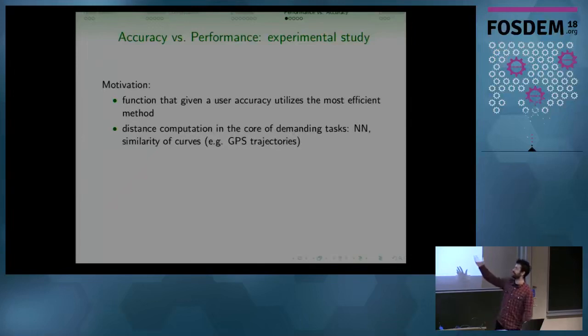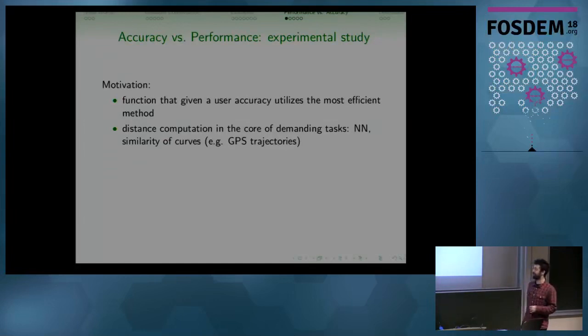So the motivation is that I think it's interesting to have a function where the user says, okay, I want accuracy of, I don't know, 3 centimeters or 3 kilometers, and the system selects the fastest algorithm. So this makes sense. It's not an easy thing, because there are a lot of parameters involved.